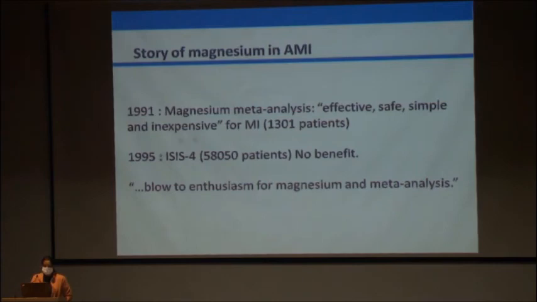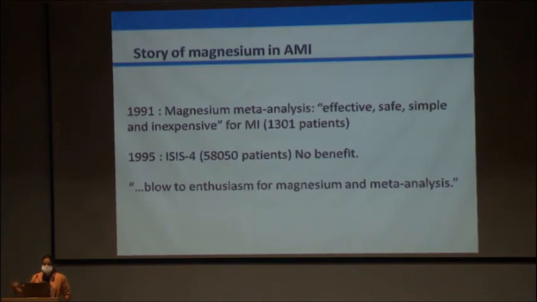However, when a big trial, the ISIS-4, with 58,000 patients, was included, it showed no benefit. So this was said to be a blow to enthusiasm for both magnesium and meta-analysis, because in this case, the mega trial was at odds with what the meta-analysis recommended. And the story was very different from the thrombolytic therapy story.